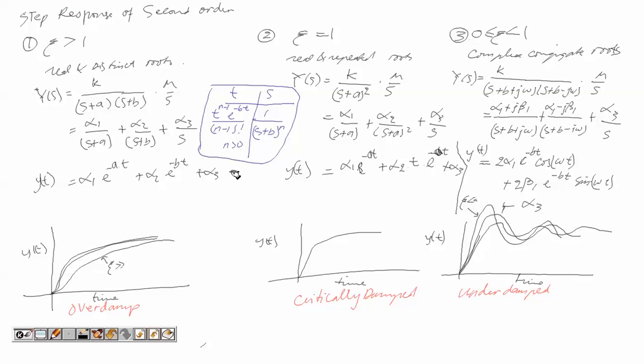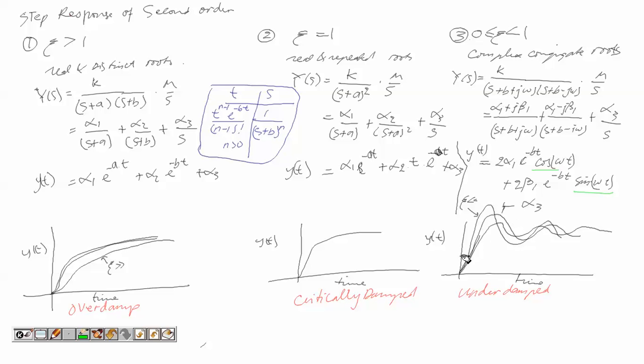Okay, as you see in this equation, there is no sin or cos term here. But in the third, there is a cos and sin term here. Because there is a cos or sin term, they will produce an oscillating response.